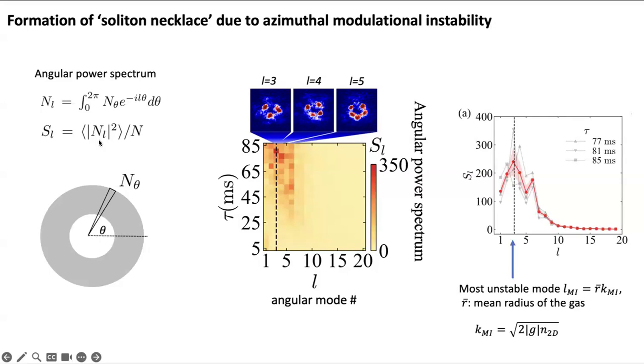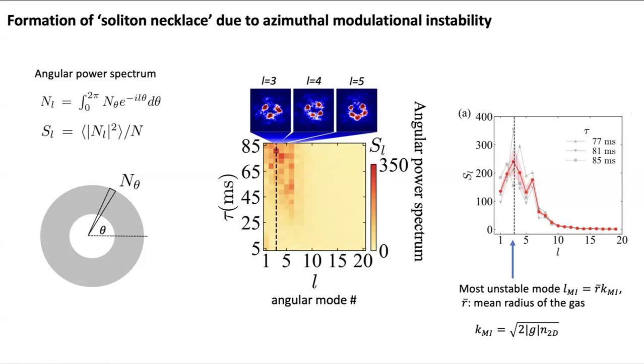We can plot the angular power spectrum. We can see that at long times, you start to grow a peak. In this case, that's around the L equals 3 mode here. This corresponds to the most unstable mode that would have the largest exponential growth amplitude.